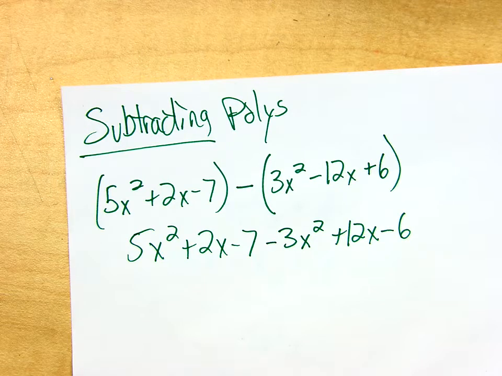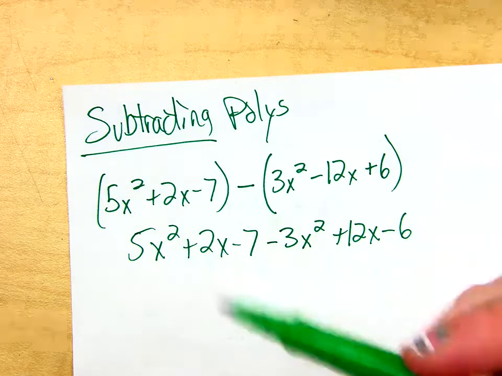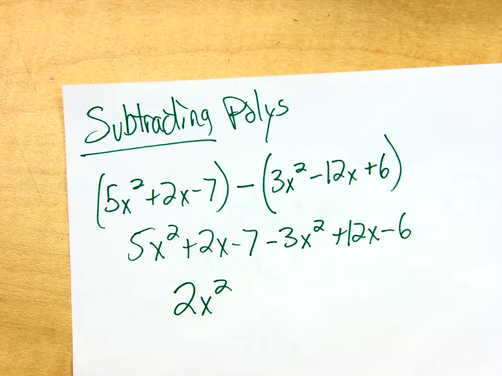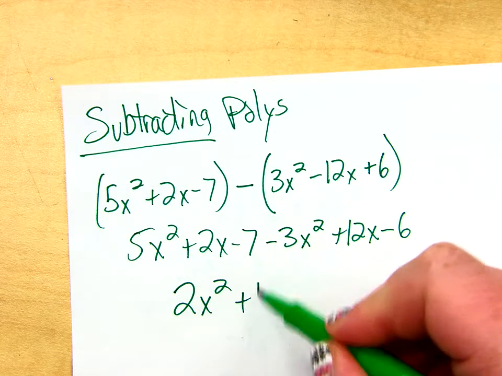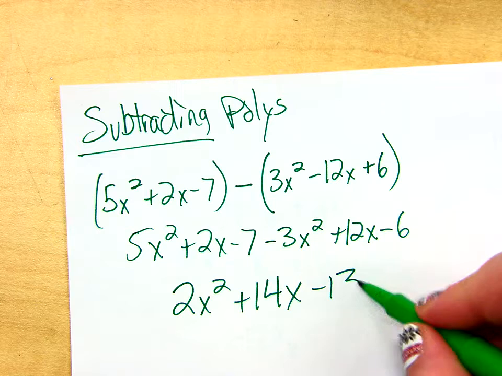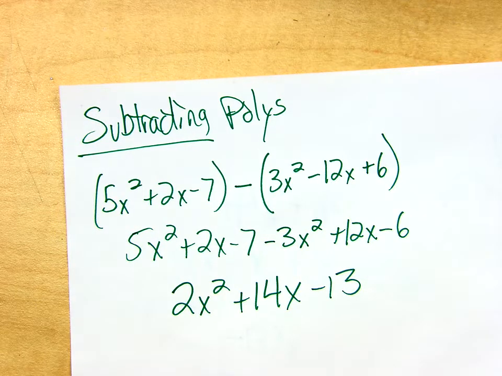My highest exponent is the 2. So when I put the x squareds together, I would get 2x squared. Go down to the x's: 14x. And then negative 13. That's it. You just have to make sure that you don't forget to distribute that negative. That's all there is to it.